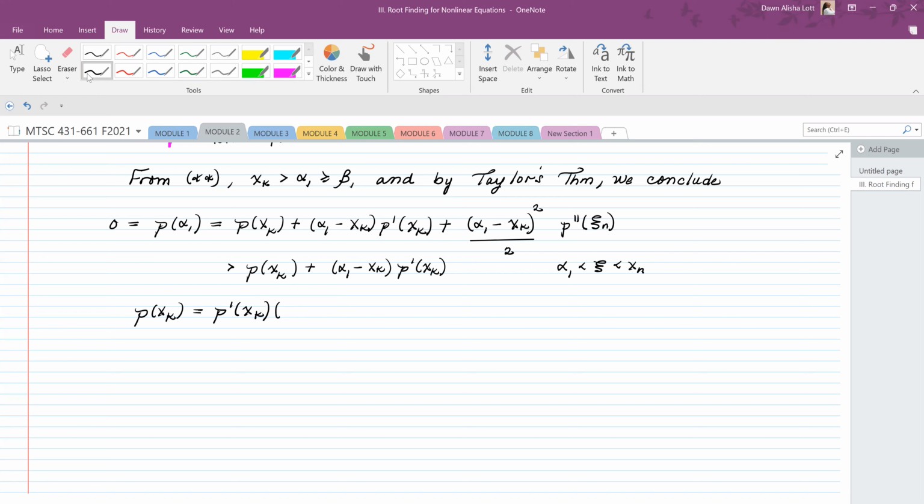P of x_k is equal to P prime of x_k times x_k minus x_{k+1}. And this holds by the definition of x_{k+1}.